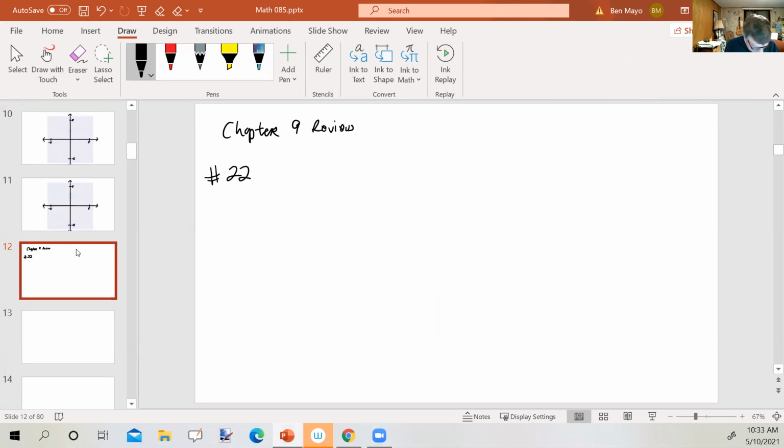It says, simplify the following. We have the fourth root of 162 x to the 12th y to the 4th.